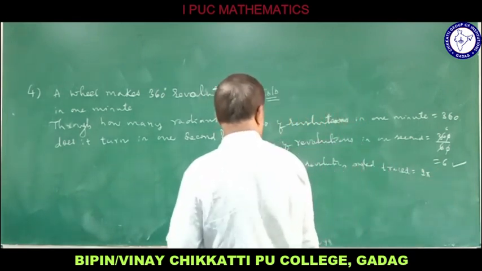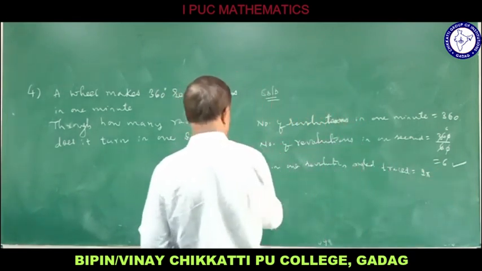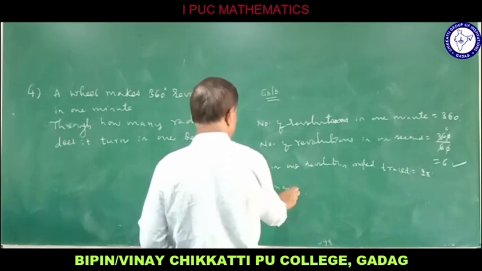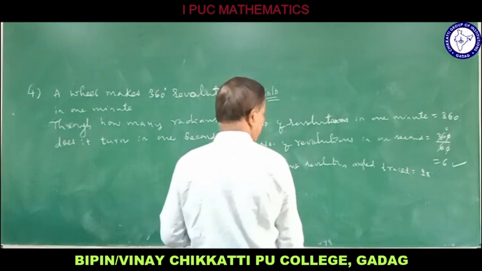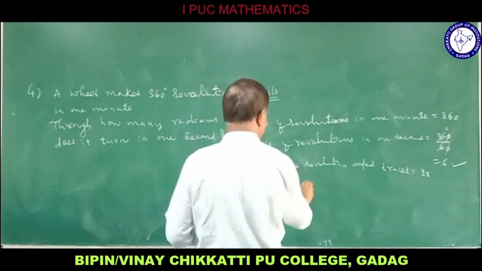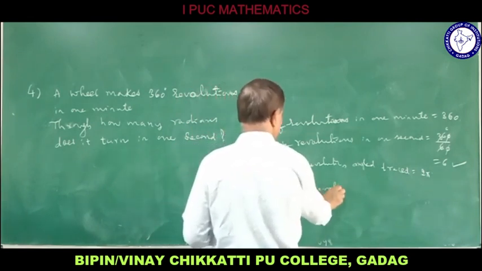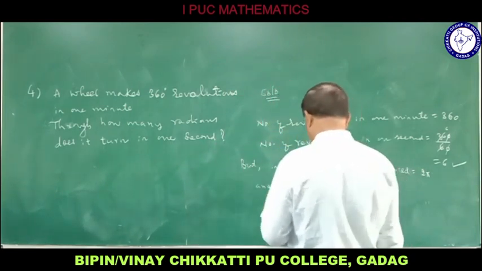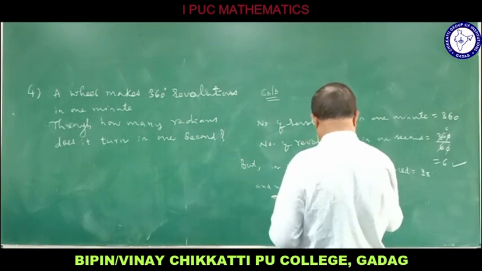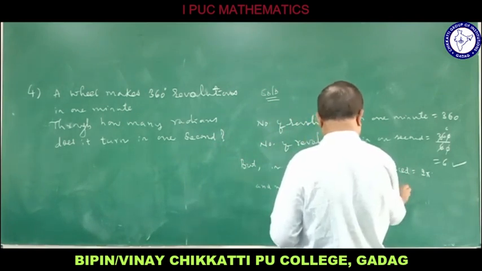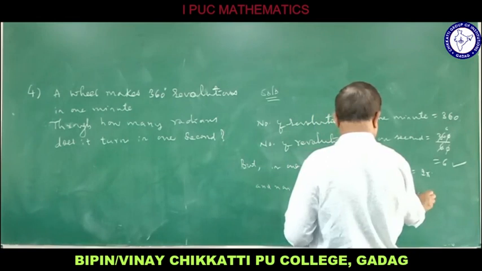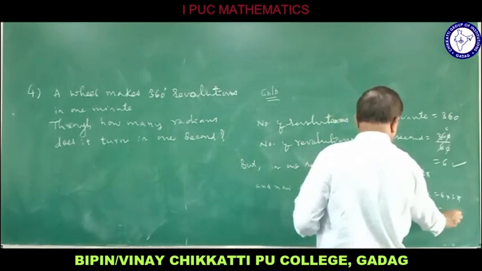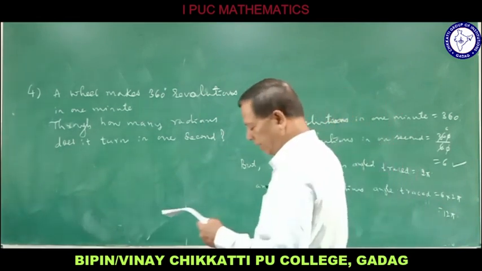In 1 revolution the angle traced is 2 pi radians. And in 6 revolutions, the angle traced is equal to 6 into 2 pi, that is nothing but 12 pi radians.